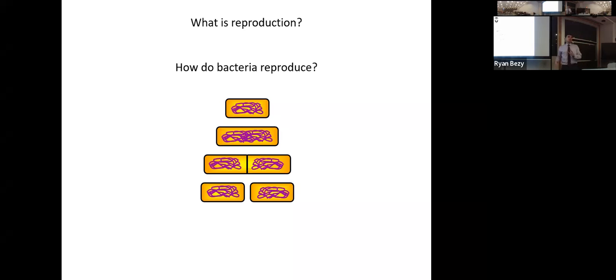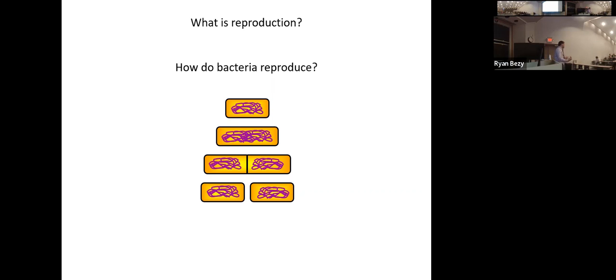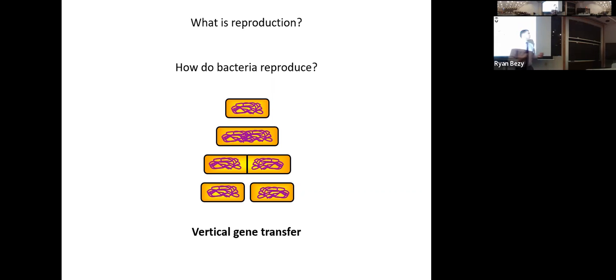So again, binary fission, if I had to give you a definition of that, a parent cell gives rise to two identical daughter cells, identical genetically, and identical in size as well. This reproduction is sometimes referred to as vertical gene transfer.